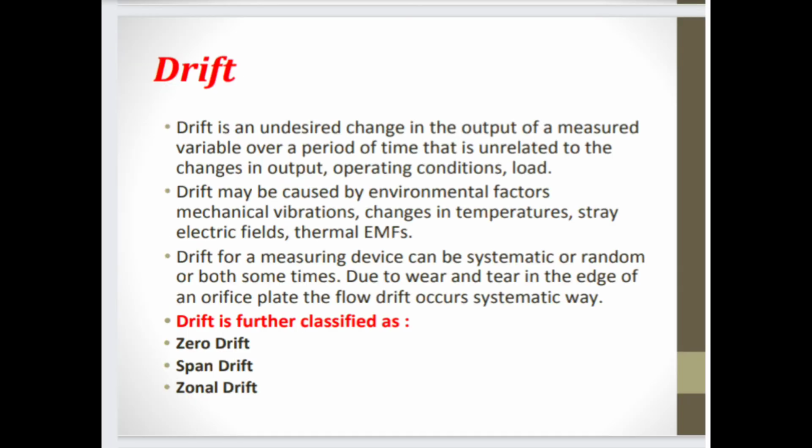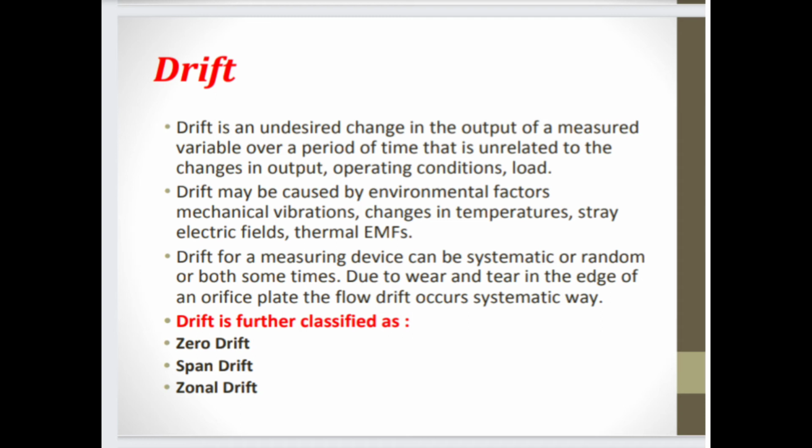So here see what drift is. Drift is an undesired change in the output of a measured variable over a period of time that is unrelated to changes in input, operating conditions, or load. Second point: drift may be caused by environmental factors, mechanical vibrations, changes in temperature, stray electric fields, and thermal EMFs.